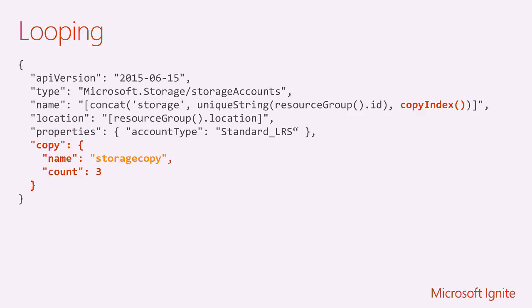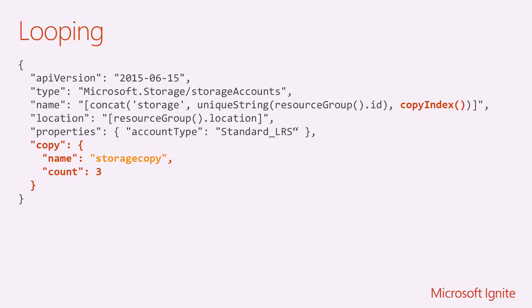There's also the ability to loop. I talked earlier about the Elasticsearch cluster being able to deploy one-to-n data nodes, one-to-n client nodes. We achieve that with something called the copy object. With the copy object, we just set it up with a name, and then we can set it up with a count. And then it's going to deploy this resource this count number of times, so we get that number of instances of that resource.